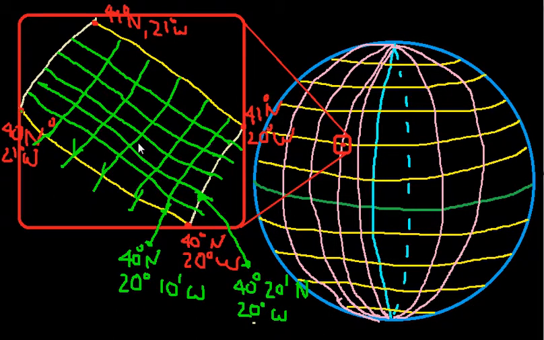And putting this all together, we can find, for example, the location of the point here. I'm going to give you a second to think about it, and then I'm going to tell you what it is.